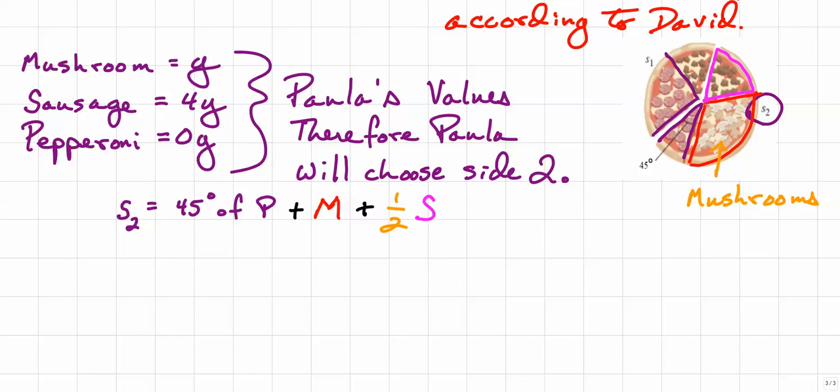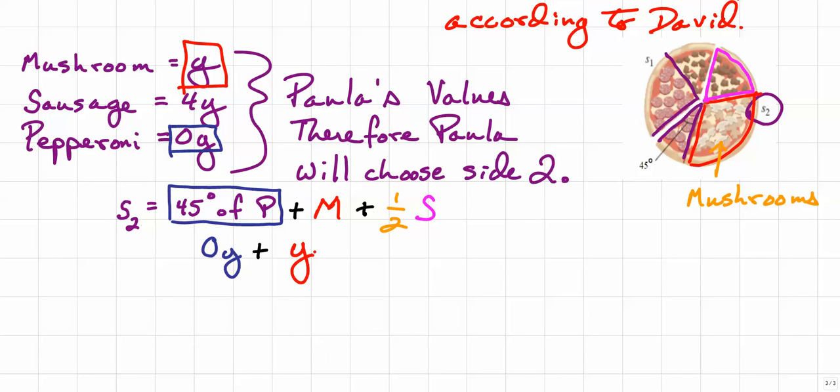Now, it doesn't really matter what this value is actually going to be equal to, because in the grand scheme of things, no matter how much pepperoni is on there, it's worth absolutely nothing to Paula. So we'll call this 0y. Then, as I said, we're adding a full serving of mushrooms, and in this case, mushrooms are worth just y. And then we're going to add a half serving of sausage. Now remember, sausage in this particular case is 4y, so this will be 1/2 times 4y.